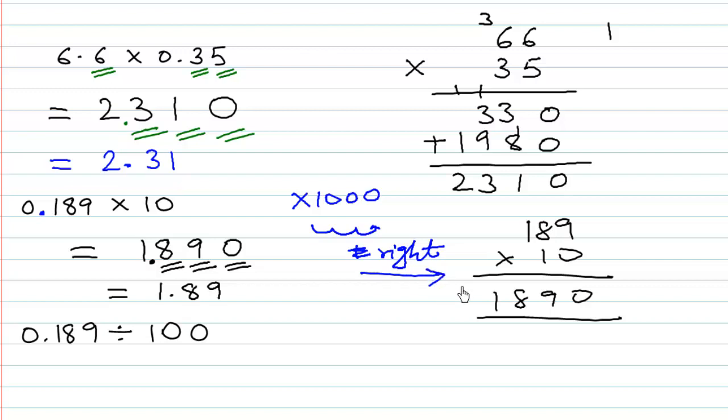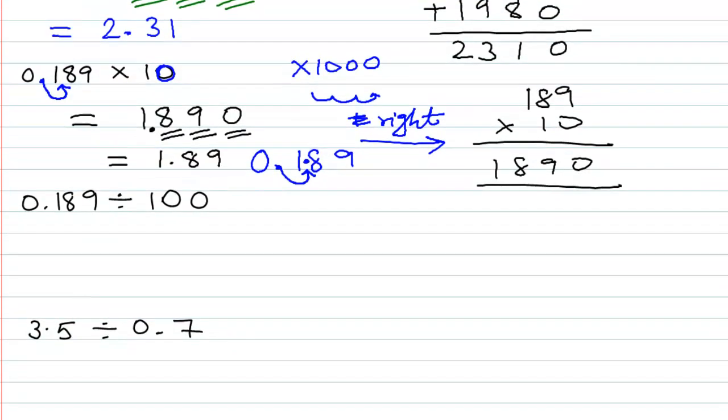Since there is 1 zero over here, we shall shift this decimal point one digit towards the right. So the number was 0.189, the decimal point moves from here to here, and the number becomes 01.89, which is nothing but 1.89. So this is an easier way to do the same thing.